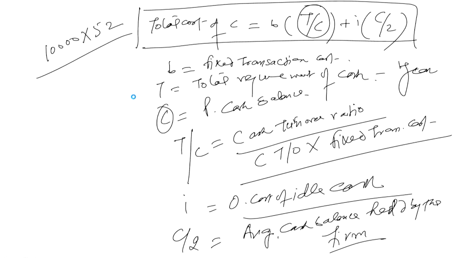Now once this model is there with us, we have to solve it, to see how finally this model will become. Let me write it again. So the total cost of C is equal to B into T by C plus I into C by 2.